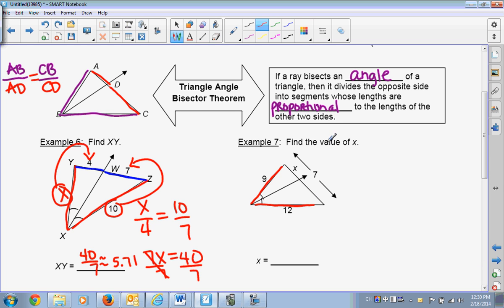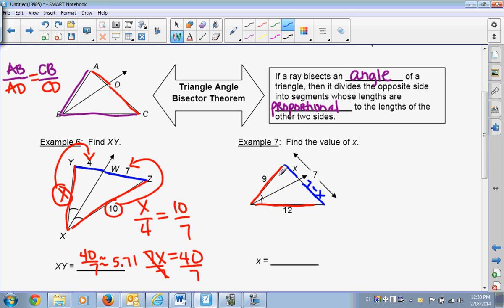And the sides that are corresponding on the bottom are x, and this unknown right here, which is, we know that the whole thing, the whole entire blue part is 7 all the way across. We know this part up here is x. So when you know the whole thing and you have a part, how do you find the other part? You subtract. So this is 7 minus x down here. Take the whole, subtract the part, and you get your other part.